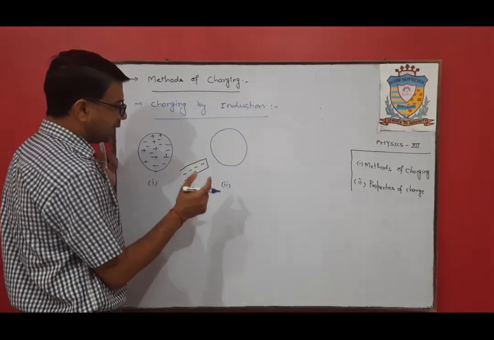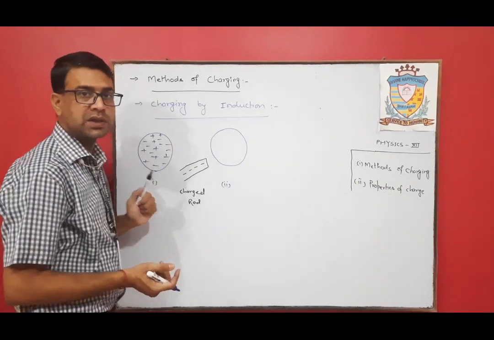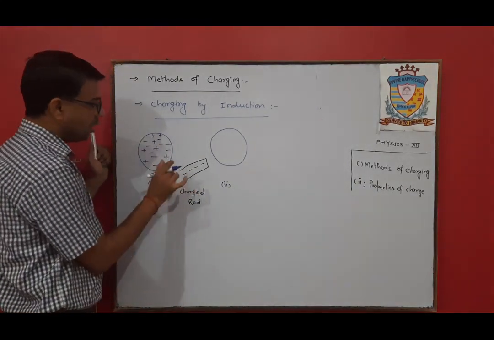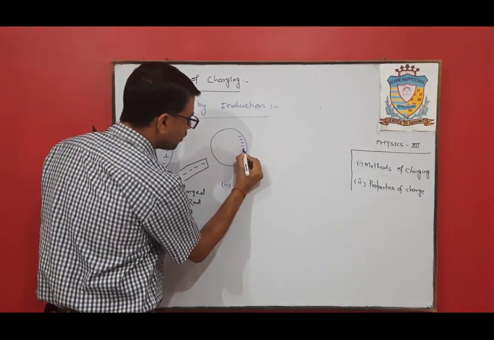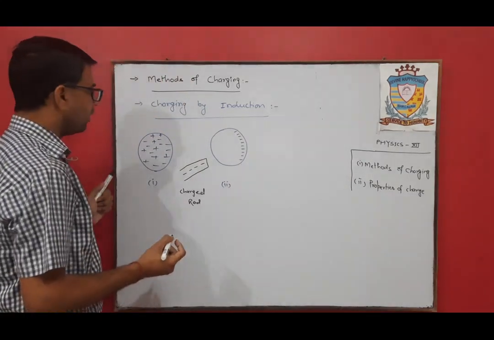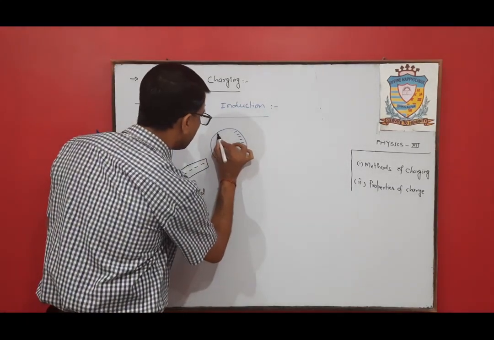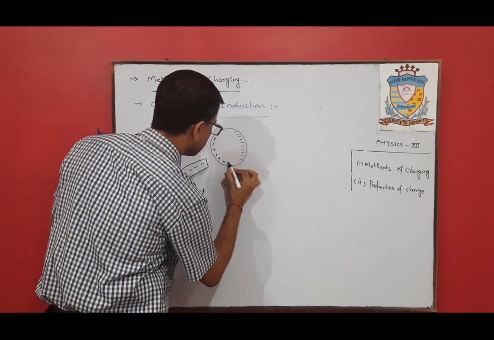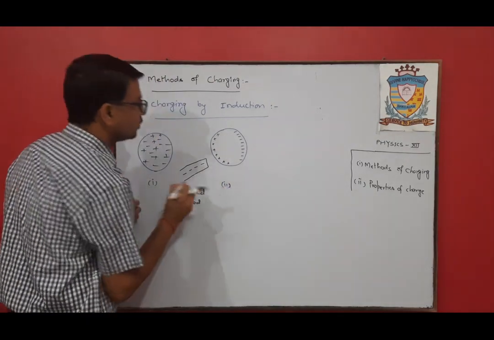Due to the property of charge, as we know, similar charges repel each other and opposite charges attract each other. So similar charges, that is negative charges, repel each other, meaning all the negative charge will appear at the farther end of the sphere and all the positive charge will appear at the near end of the rod. Clear? So this is case 2.